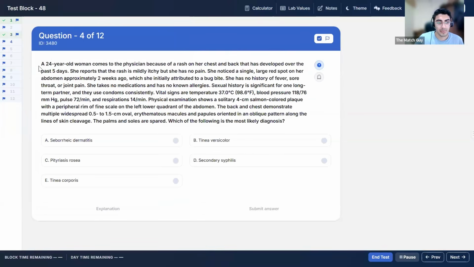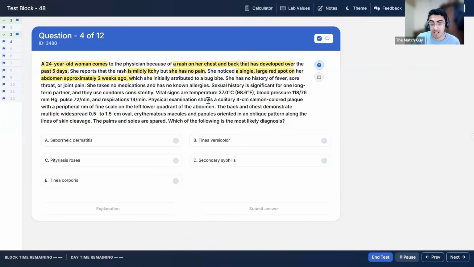All right. A 24-year-old woman comes to the physician because of a rash on her chest and back that developed over the past 5 days. She reports that the rash is mildly itchy, but she has no pain. She noticed a single large red spot on her abdomen 2 weeks ago, which she initially attributed to a bug bite.